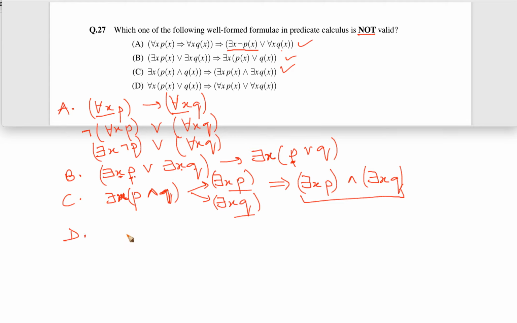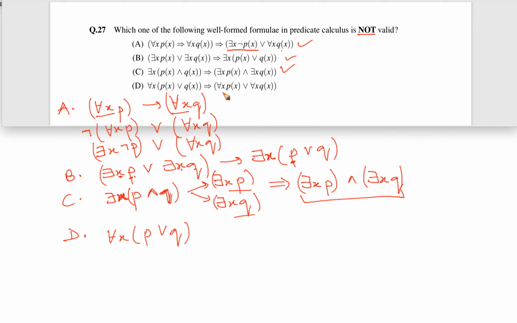What about D? So D should not be valid, right? D should not be valid because all the three A, B, C are valid. Let's check whether D is valid or not. For all x, p or q implies... they are saying that for all x, p or q. So for every x, either p or q is true.